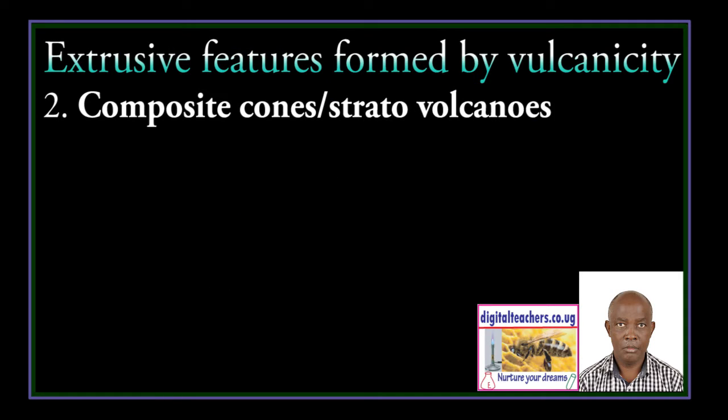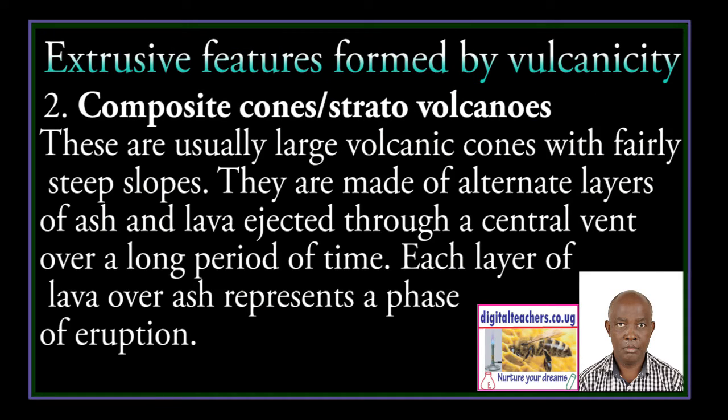Composite cones. These are usually large volcanic cones with fairly steep slopes. They are made of alternate layers of ash and lava ejected through a central vent over a long period of time.